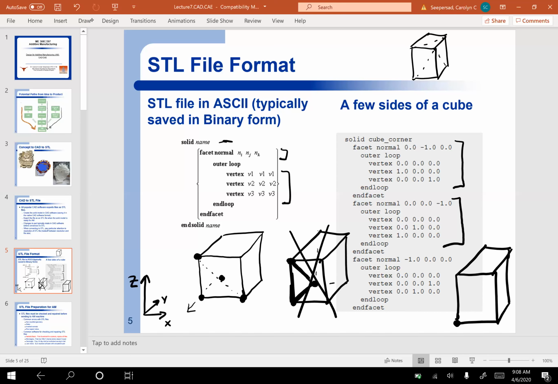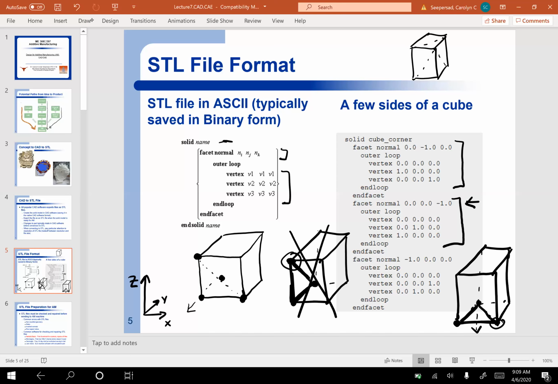All right. So this particular triangle here, if we draw the rest of the cube, is representing half of the bottom of our cube, right? And so then if we look at our facet normal up here, right, it's pointing in the minus Z direction, which means that the normal is pointing down, right? And that's correct because the normal should always be pointing outside of the solid, right?